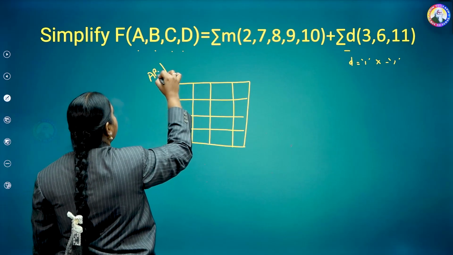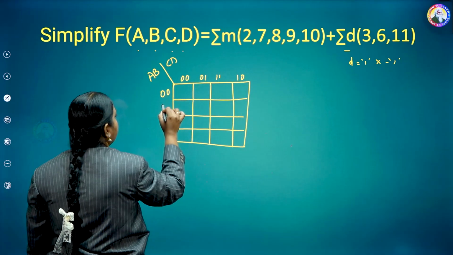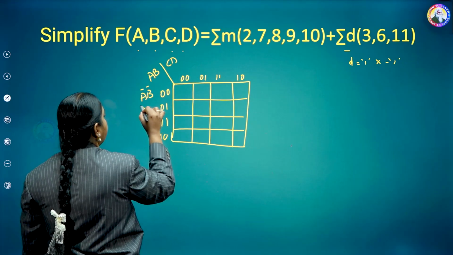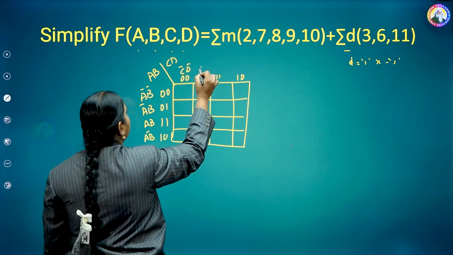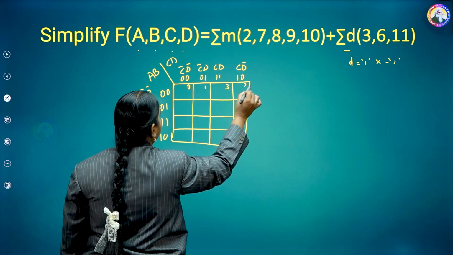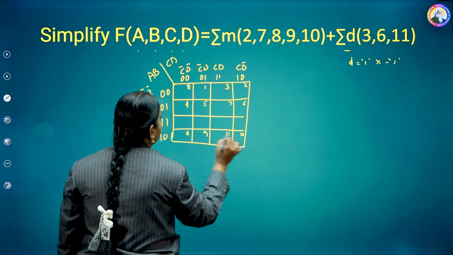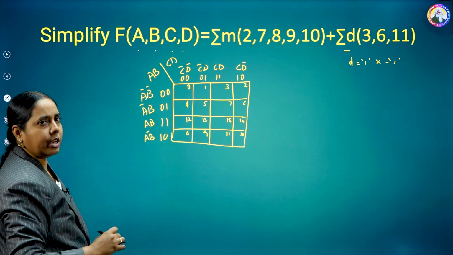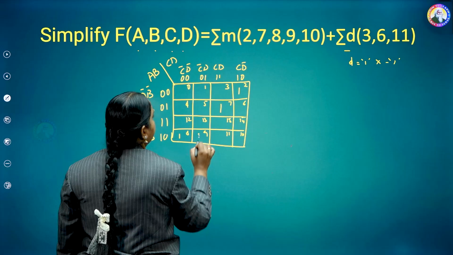The column labels are 00, 01, 11, 10 and the row labels are 00, 01, 11, 10, that is A bar B bar, A bar B, A B, A B bar, and C bar D bar, C bar D, C D, C D bar, with cells 0, 1, 3, 2, 4, 5, 7, 6, 12, 13, 15, 14, 8, 9, 11, 10. Right. First of all, I need to mark the given terms, that is 2, 7, 8, 9, 10.